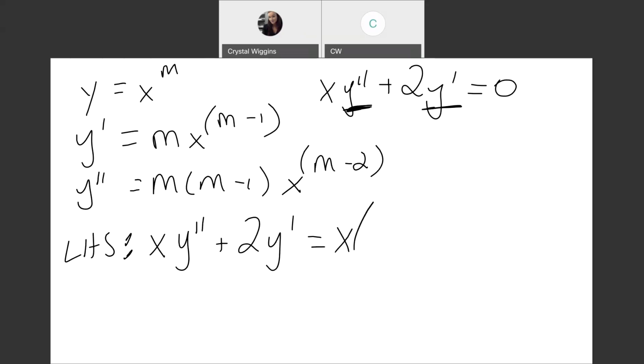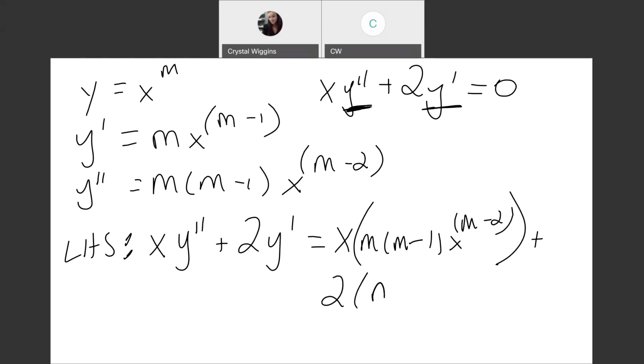So x times y double prime is going to be m times m minus 1, x to the m minus 2, plus 2 times y prime, which is m x to the m minus 1.